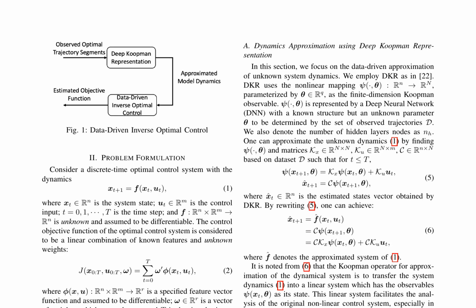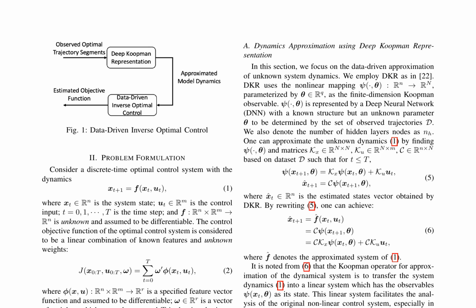The paper addresses the problem of data-driven inverse optimal control, where the goal is to estimate the unknown weight vector in the control objective function using a given dataset of observed state input sequences, without knowing the system dynamics. The system dynamics are modeled using a discrete time optimal control system, where the unknown dynamics are denoted by f(x_t, u_t), and the control objective function is a linear combination of known features and unknown weights, denoted by J(x_0,t, u_0,t).